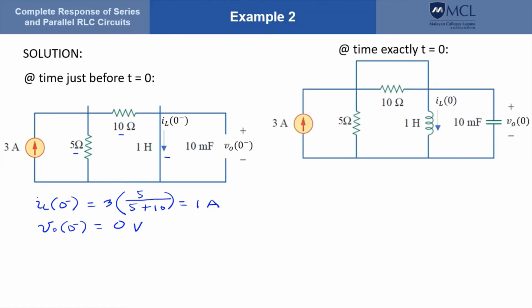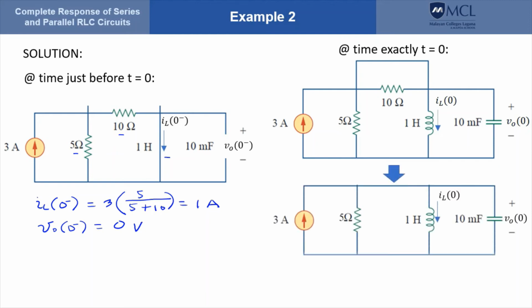Then we go in analyzing the circuit at time exactly equals zero. So now the switch plays a role, and it shorts the 10 ohm resistance. Because of that, we can simplify the circuit, and that would look like that. So what is the current to the inductor at t equals 0?